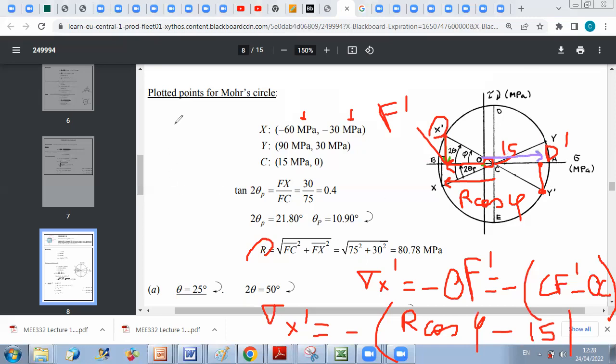So we can say that sigma y prime is equal to this distance OC plus CD prime. OC is 15. We have seen already that OC is 15.